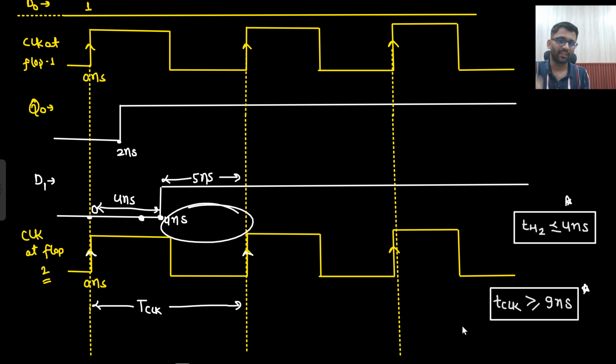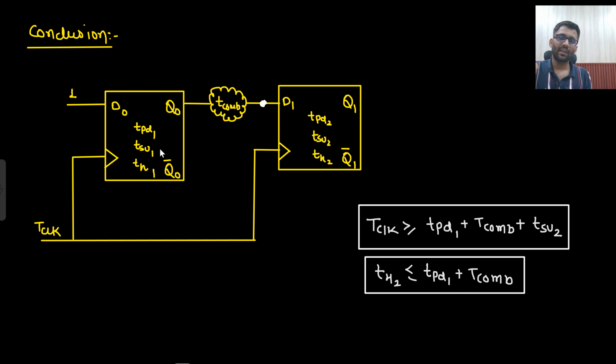So T clock to Q plus T combinational plus T setup of this. There you go. And to avoid the hold violation, what should be the condition? Just remove the setup time. Don't use setup.